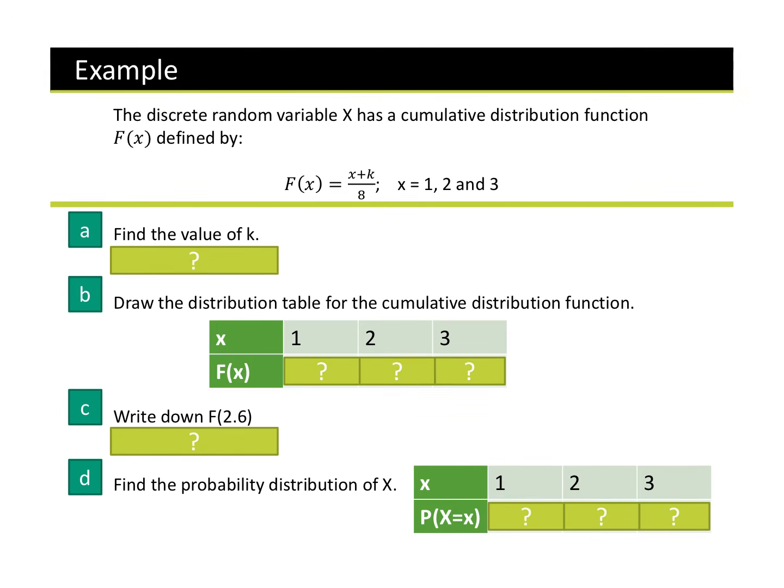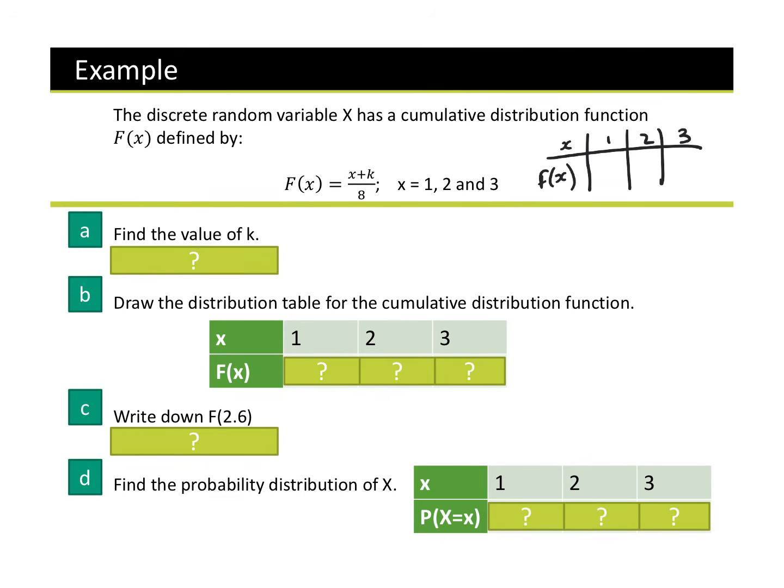Okay. So, this is a typical type of question. It says, the discrete random variable x has a cumulative distribution function. So this time, when they give you a function, they're saying this is the formula. It says find the value of k. Now, when we just looked at our previous example, we know that if we have x here, and we have F of x, our x is 1, 2, and 3.